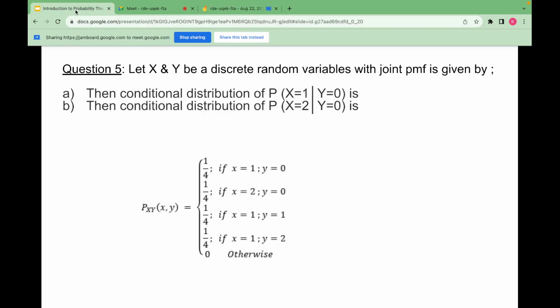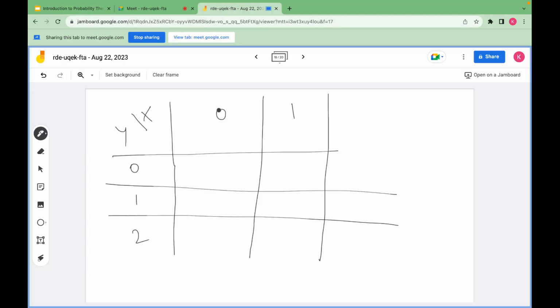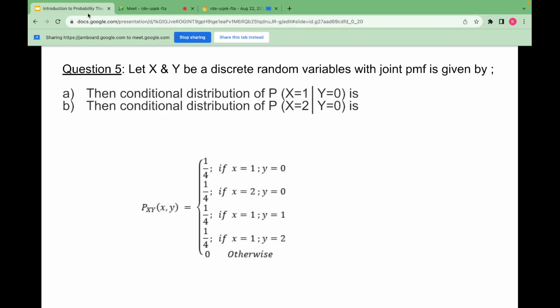When both are 0, and for x equal to 1 and 2 with y equal to 0: for 1 comma 0 the probability is 1 by 4. For 2 comma 0 the probability is 1 by 4.